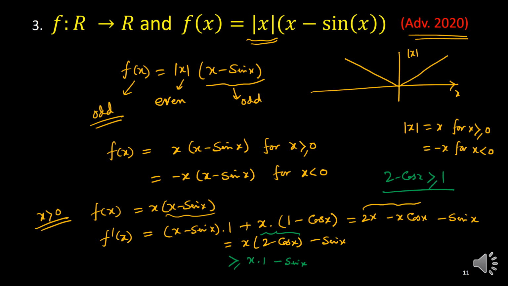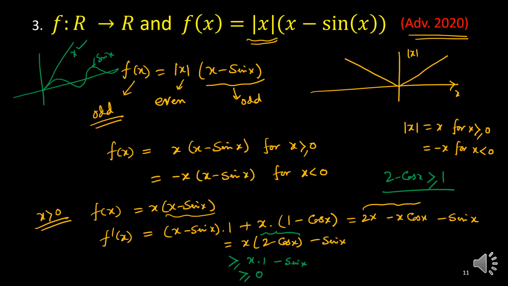And again for this x minus sin x, x is always more than sin x, because if I plot this one, this is your x and sin x will be like this. Okay, this is x, this is your sin x. So x is always more than sin x, that we understand. So this difference will be more than or equal to 0.